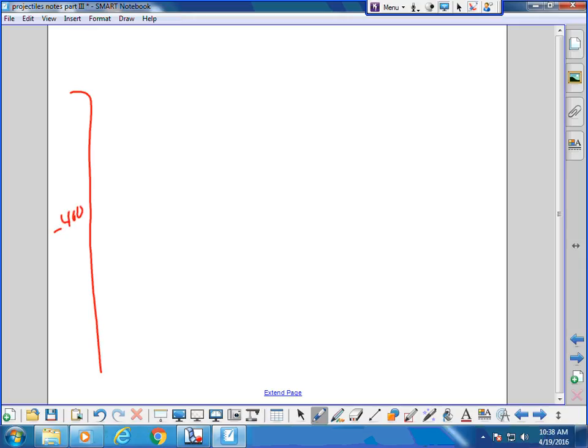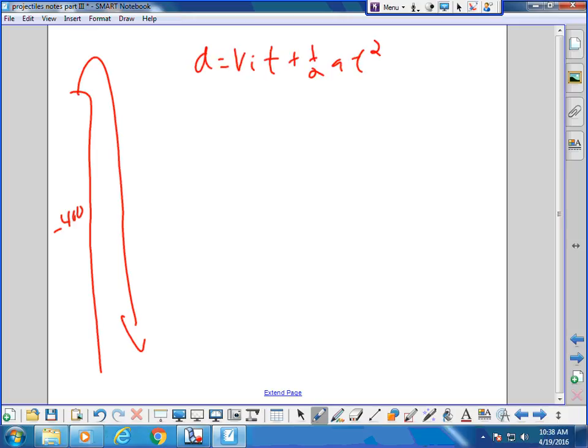Okay, so what is the overall displacement? Minus 400. I'm going to go D equals VIT plus 1/2 AT squared. What's my overall displacement? Minus 400.